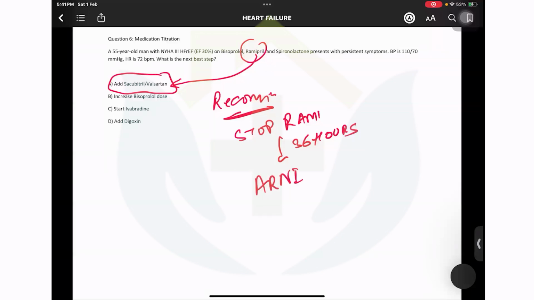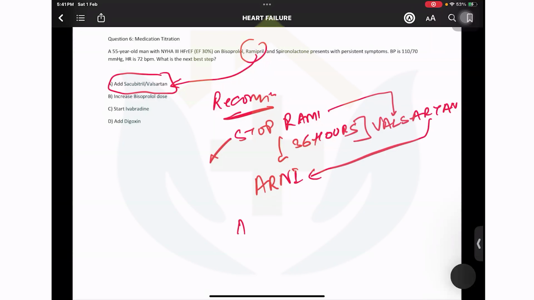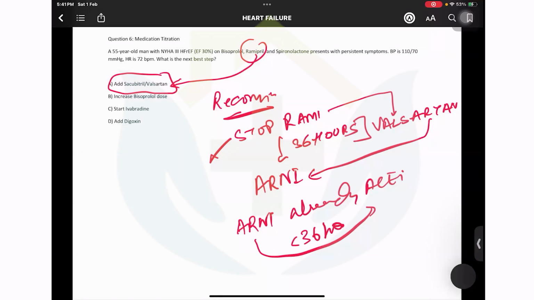If I am fearful that the patient will decompensate, then I will stop Ramipril and put him on Valsartan, which I can do immediately. And after 36 hours, I shift to ARNI. Why? Because if you give ARNI to a patient who is already on ACE inhibitor before 36 hours, the patient will land up to you with angioedema.